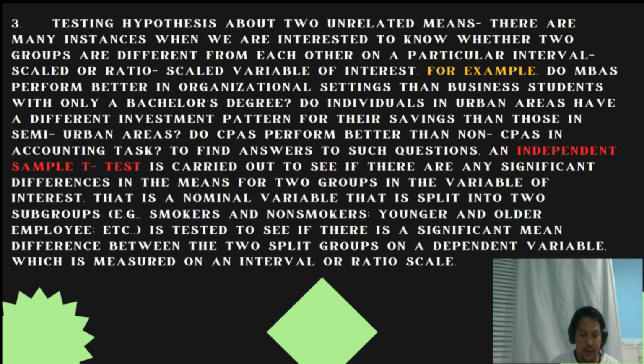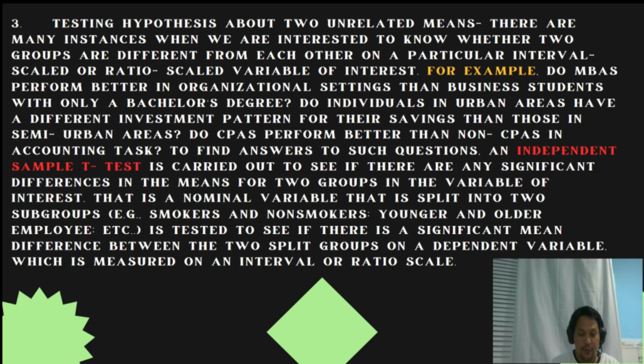That is a nominal variable that is split into two subgroups. For example, smokers and non-smokers, younger and older employees, etc., is tested to see if there is a significant mean difference between the two split groups on a dependent variable, which is measured on an interval or ratio scale.